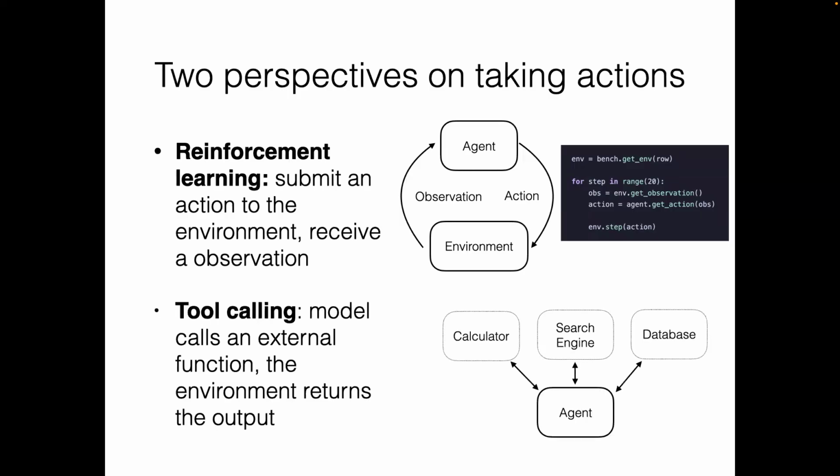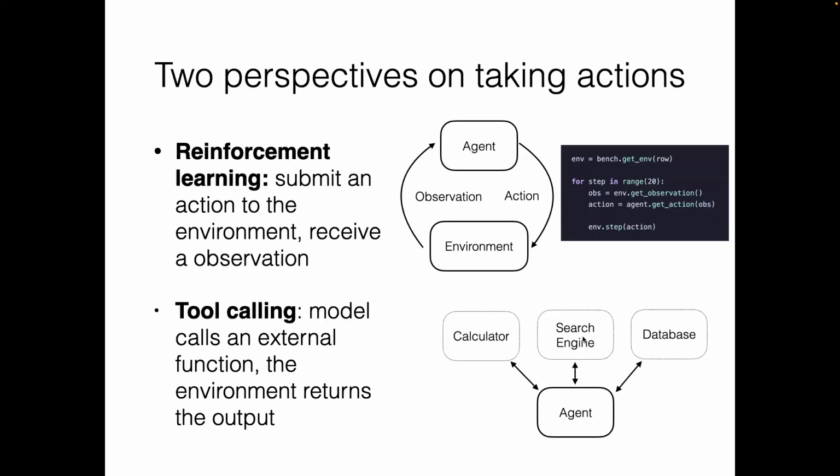Another perspective you might call the augmented language model perspective. Here you have a language model, and you want to augment it with additional external functions. Each external function you could call a tool.